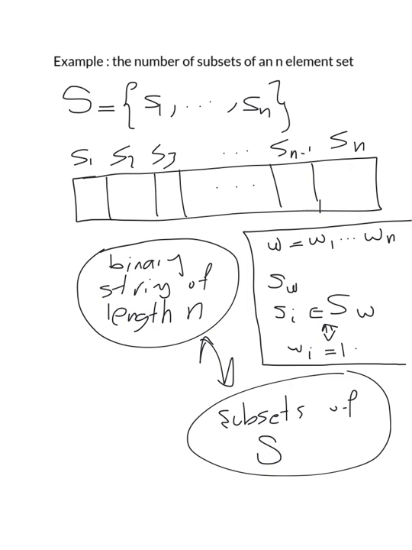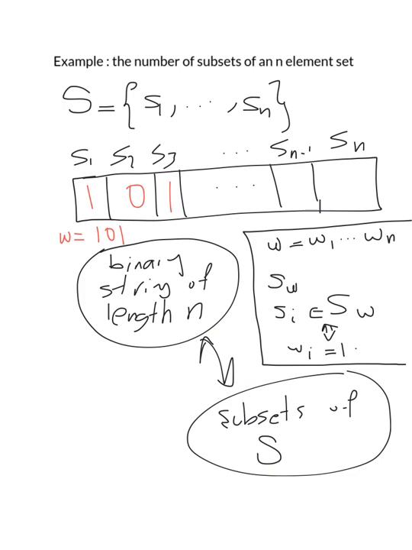Let me take an example. Let us have only 3 elements, and I take a W which is 1, 0, 1, and I think that the digits of W, the 0-1 numbers, are in these cells, and then I take the subset which has the digit 1.